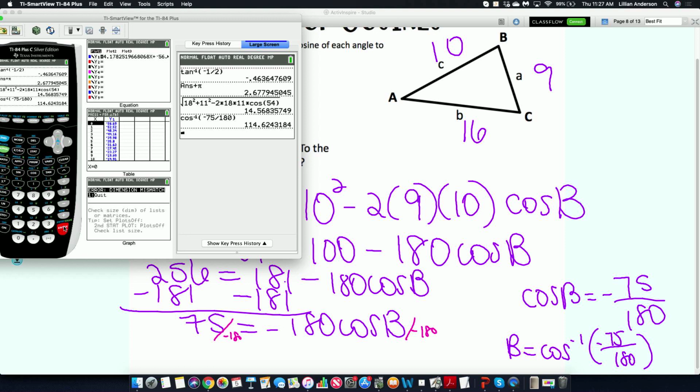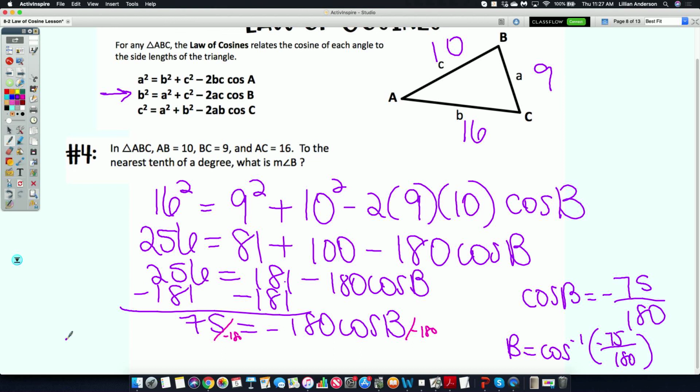Did you guys get this? Yes. So I'm rounding to the nearest 10th. So what's angle B? And that's how I can use the law of cosines to find angles.